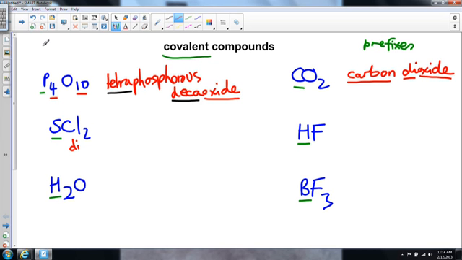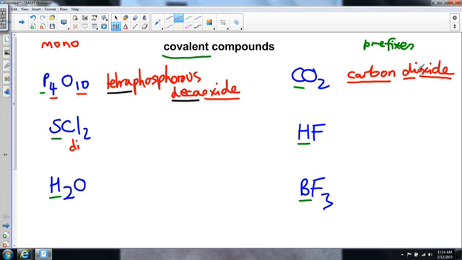I said before the prefix for 1 is mono. So why don't we use it in front of carbon? Why isn't this mono carbon dioxide? Well, there's one exception to our rule here. If you have one of your first atom, you don't put mono in front of it. You put it every other time you have one of your second atoms, but you don't put it for the first one if there is only one.